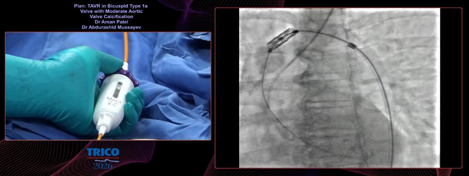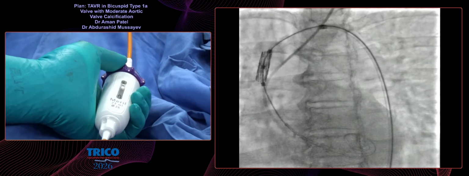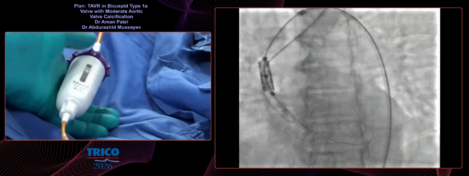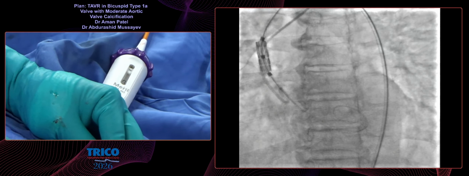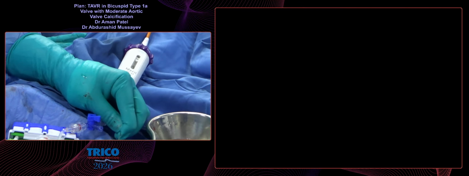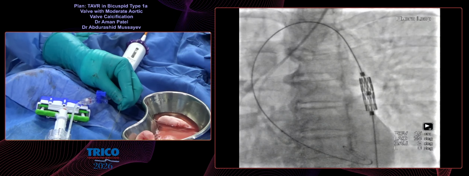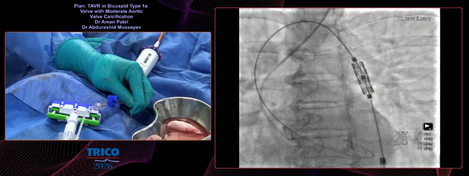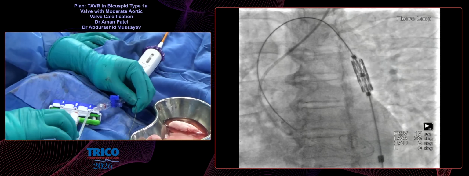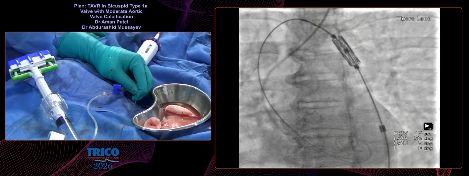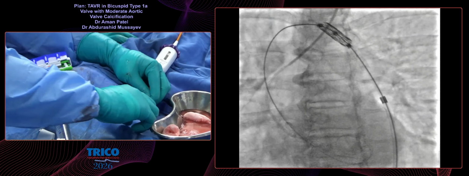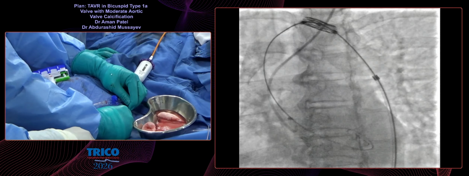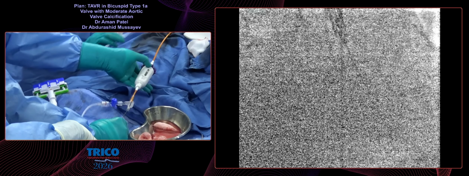You want to constantly watch the journey in the arch of aorta, and you want to avoid scratching the aorta. You use the flex based on what you see on the aorta. I usually pull back a little bit of wire to avoid touching the valve's calcium, to centralize. Back to cusp overlap, please. You can see he flexed as he sees the need, as it's touching the arch of aorta.